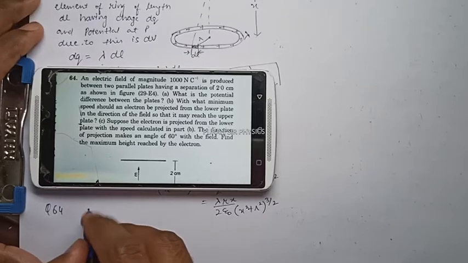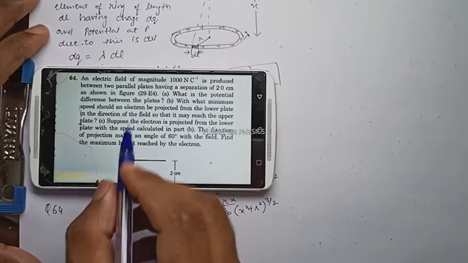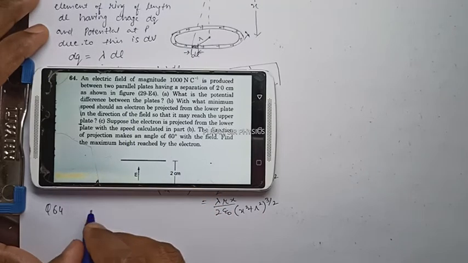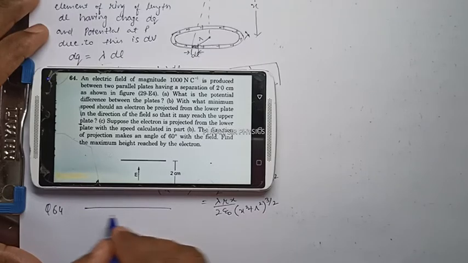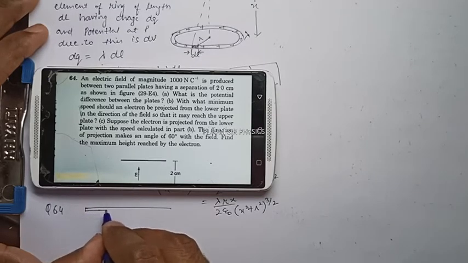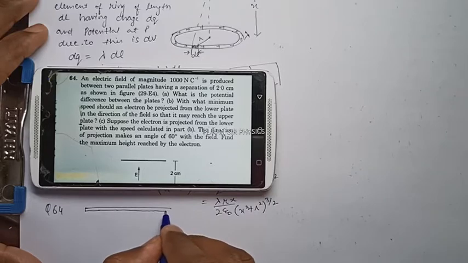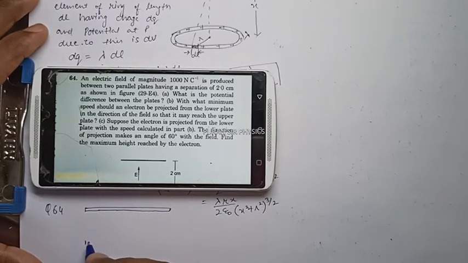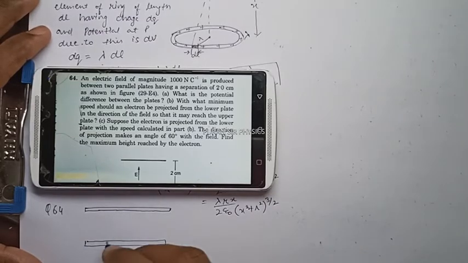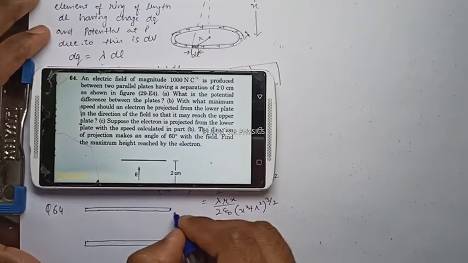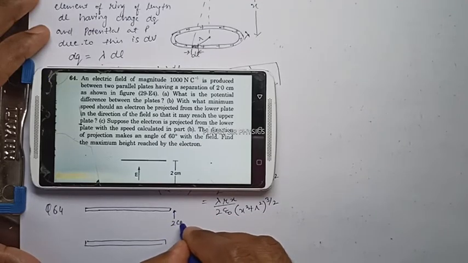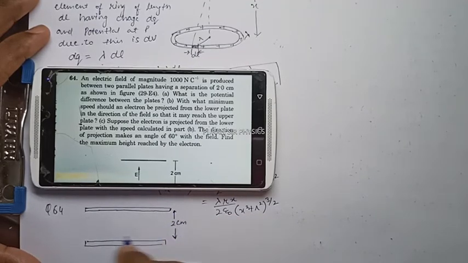So here we have two plates, and the separation between them is 2 centimeter. So what is the potential difference between the plates?